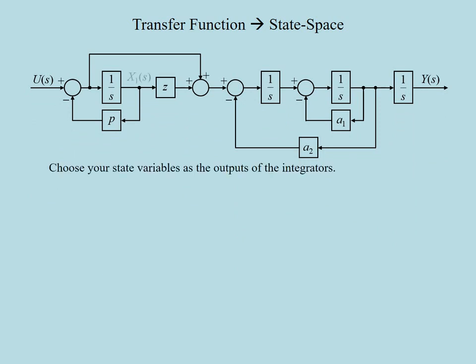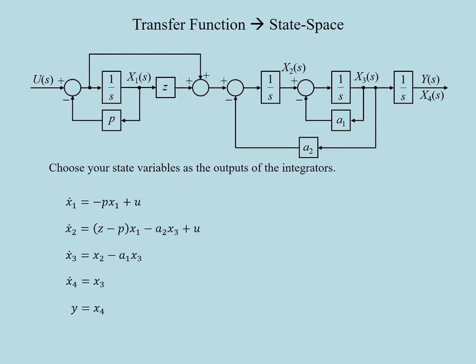We are going to choose the outputs of these integrators as the state variables. Their inputs will then be the derivatives of our state variables. Using the interconnections in the block diagram, we can express the derivatives of the state variables in terms of the state variables and the input.